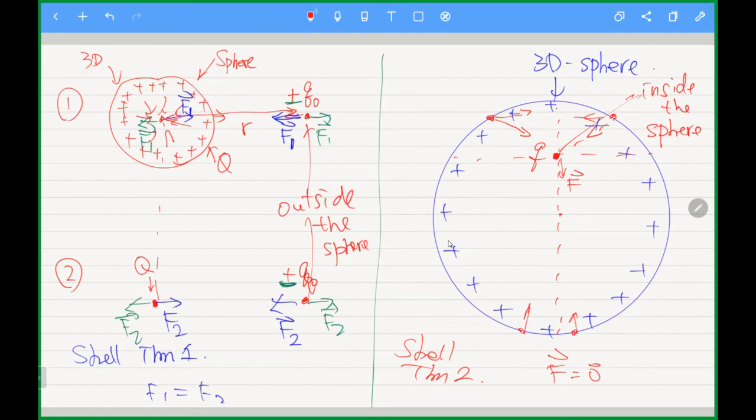And in chapter 23, I'll try to show you why, with Gauss's law. But of course, Gauss's law is a law, so we don't have a proof for it. You may also like to ask why the law is true.